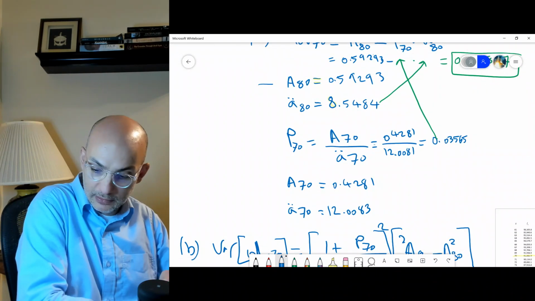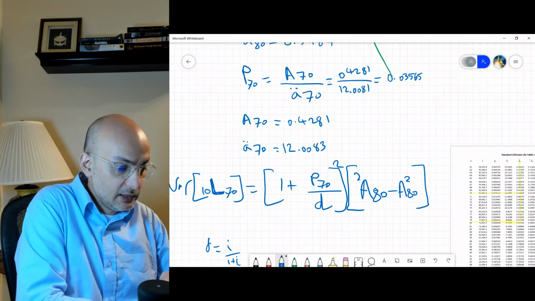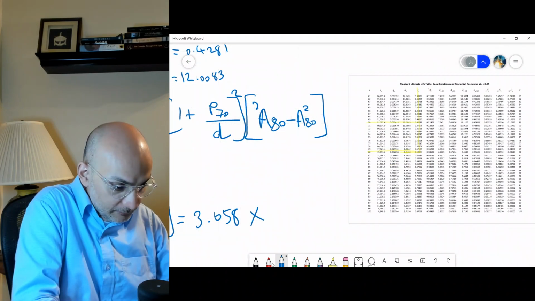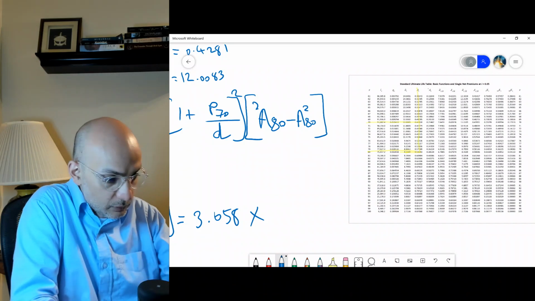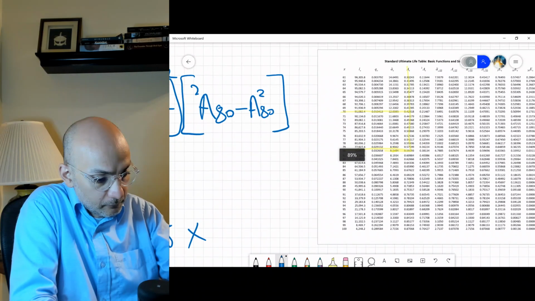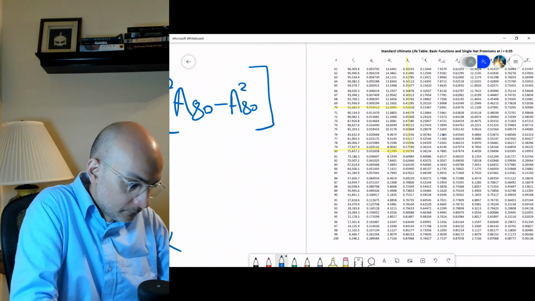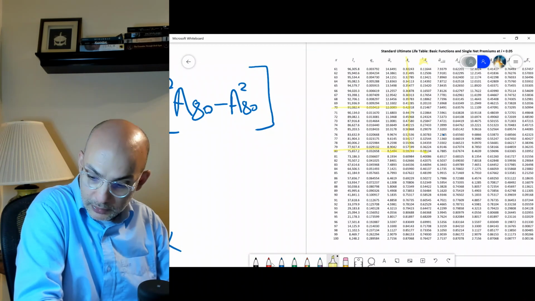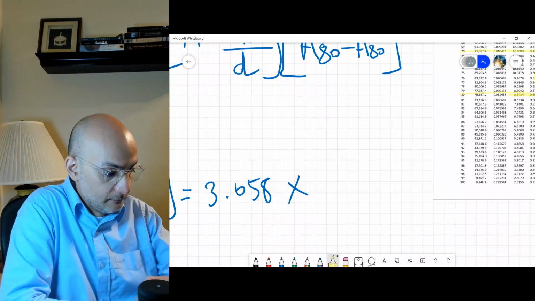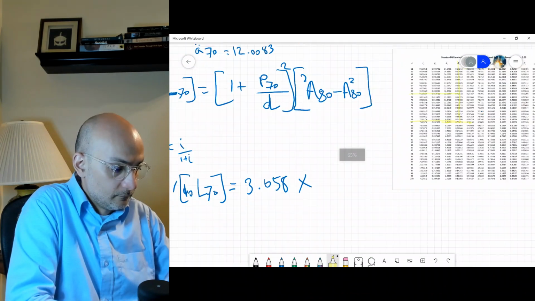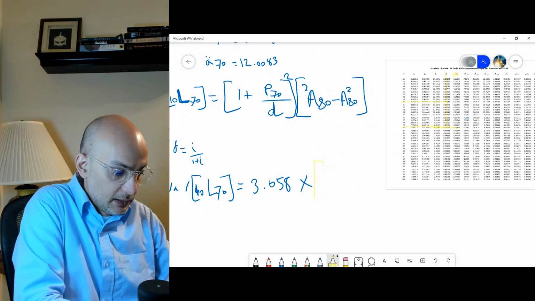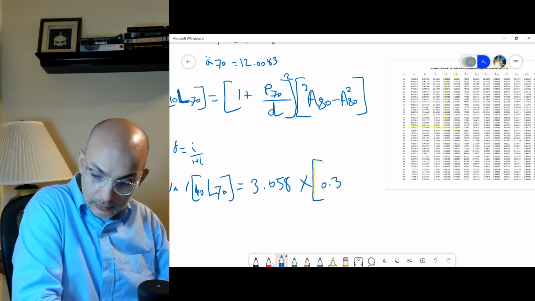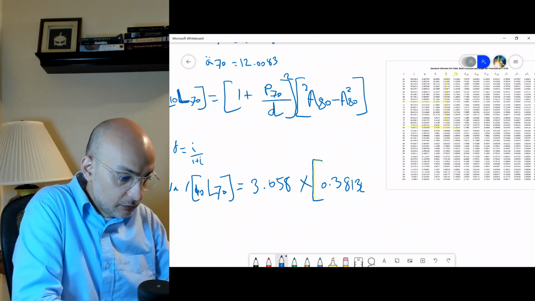The 0.59, and then you need this 2A80, and this one here, you go for 2A80, which is 0.3184. So we multiply it by 0.38134.